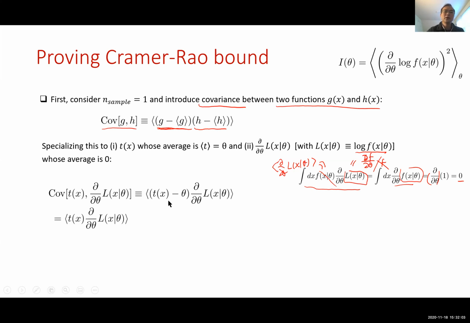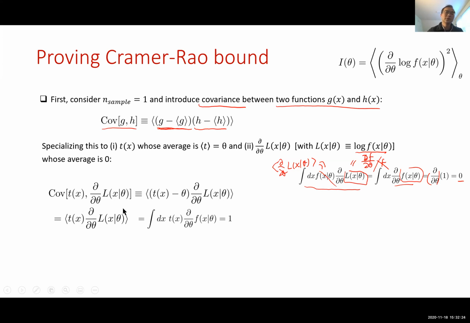And you could use this again. This theta is a constant. If you expand this, it is t times this derivative of L, minus theta times that, and because this expectation value is 0, you're left with this expression.